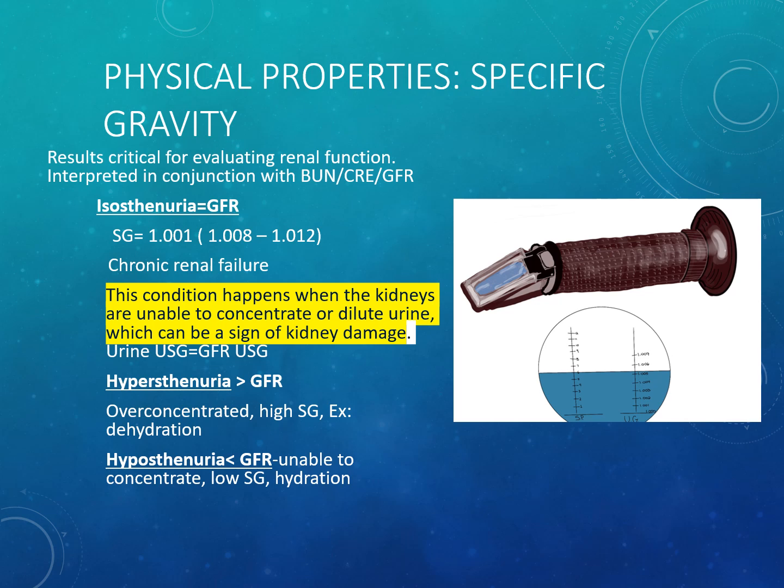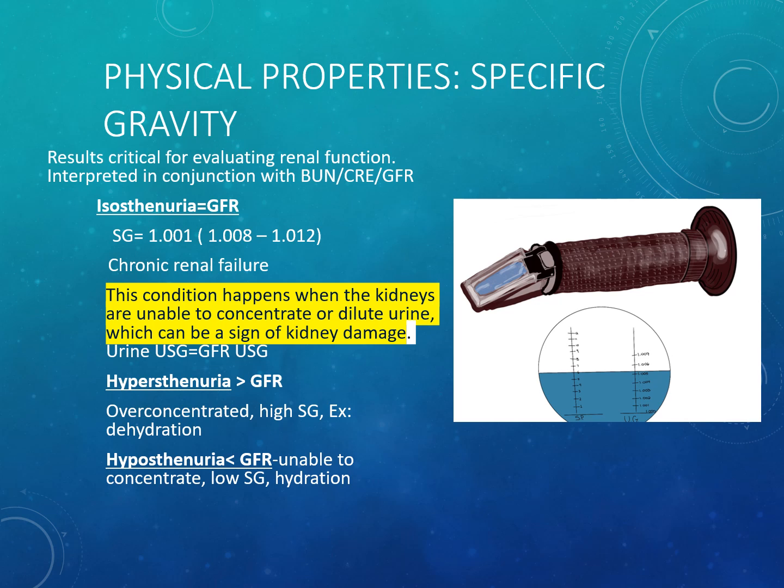And then isosthenuria is when the urine specific gravity is equal to the range of the filtrate. And it usually stays about 1.010, whether the body's being hydrated or not, it doesn't change. This condition happens when the kidneys are unable to concentrate or dilute urine, and it can be a sign of kidney damage, chronic renal failure, for example.